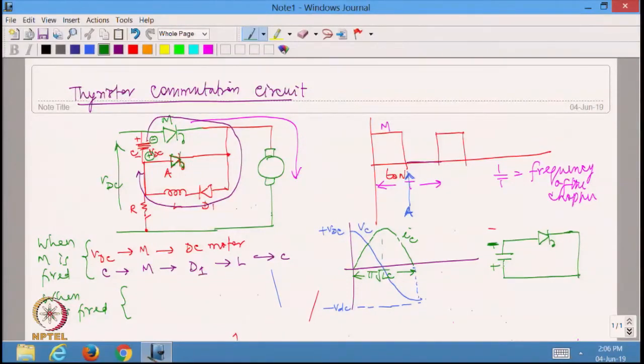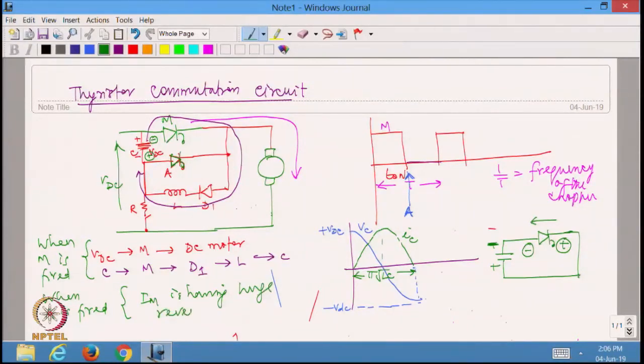You can very clearly see that the plus is connected here and the minus is connected here, which is going to force a huge current in the opposite direction. The resistance is literally negligible because the current is having a huge reverse component.